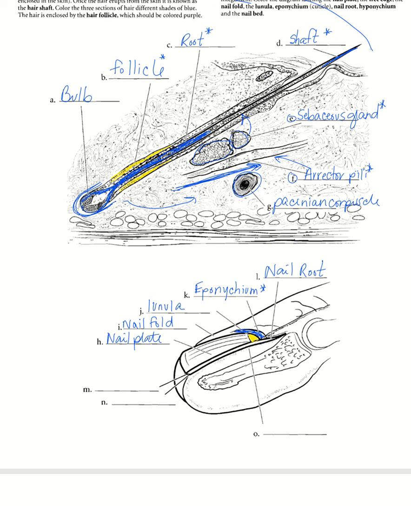And the area that ends up growing out over top of the skin, the region that you trim, is the free edge. And finally, below the free edge, you have a region of thickened skin, and this is the hyponychium.